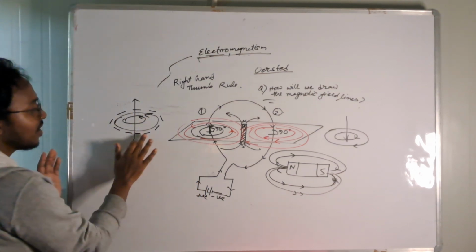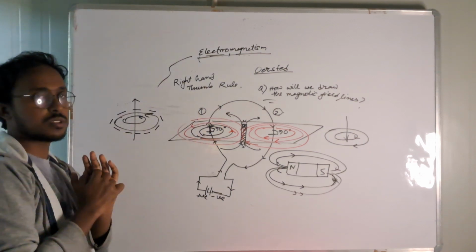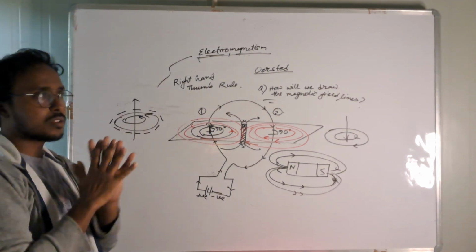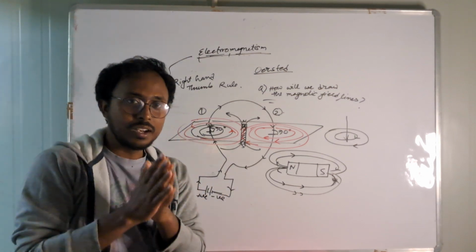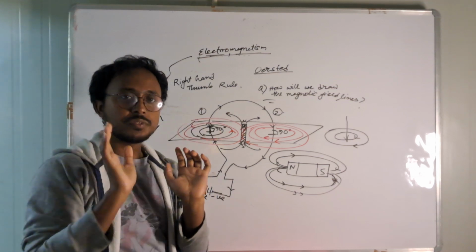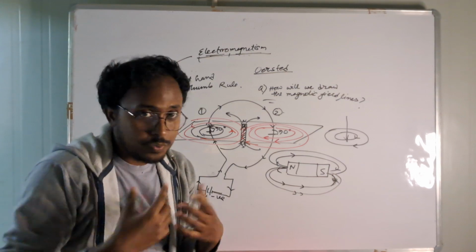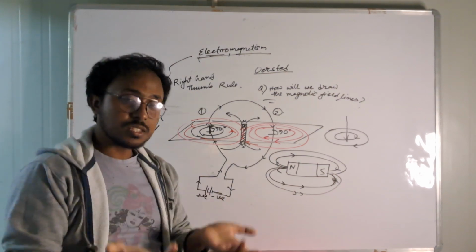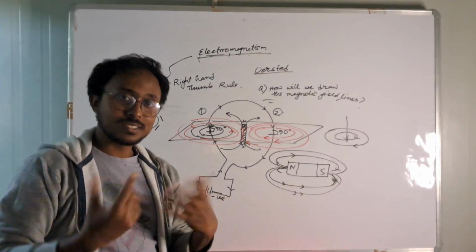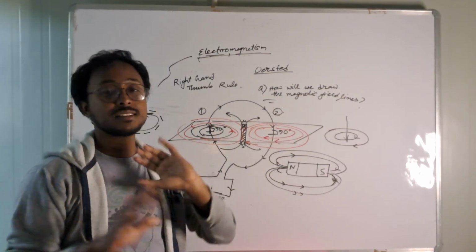If I join these circles, these points, just join the bar magnet positions, it will be nothing but the magnetic field lines. So you can understand magnetic field lines whenever there is an electric current. If there is an electric current and if I take one magnetic needle which can move freely, it will deflect in such a way that it orients itself with respect to the magnetic field lines created by this current.